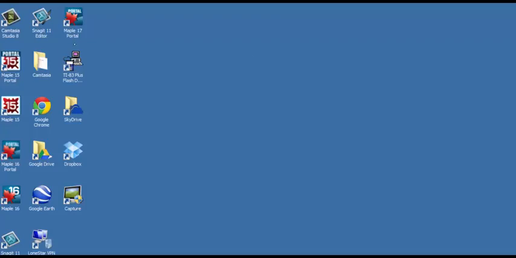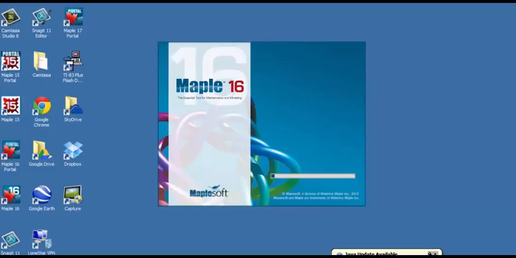I'm going to grab Maple here. Let Maple start up. Now you can check the same thing in your calculator as well, so I would advise doing that.